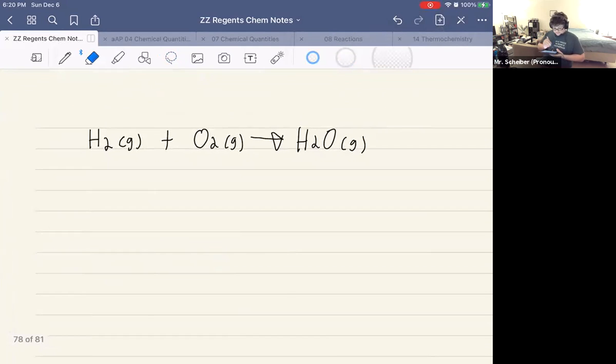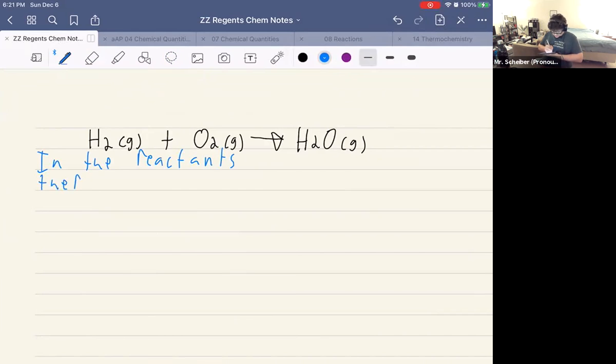So we could say that if these are combining in the units of moles, in the reactants, there is 1 mole of H2 and 1 mole of O2.